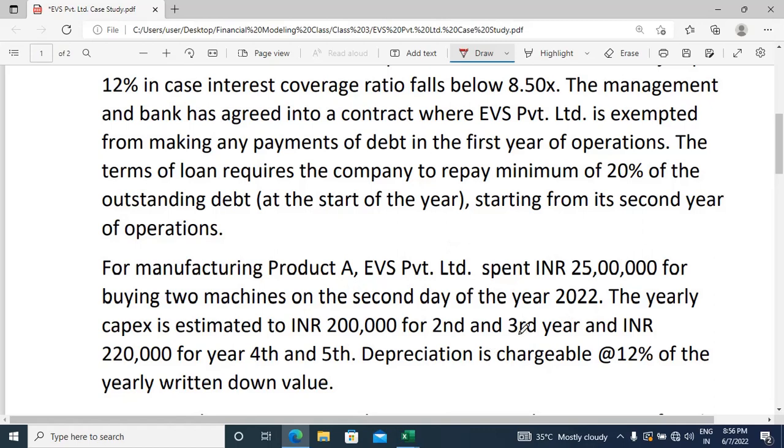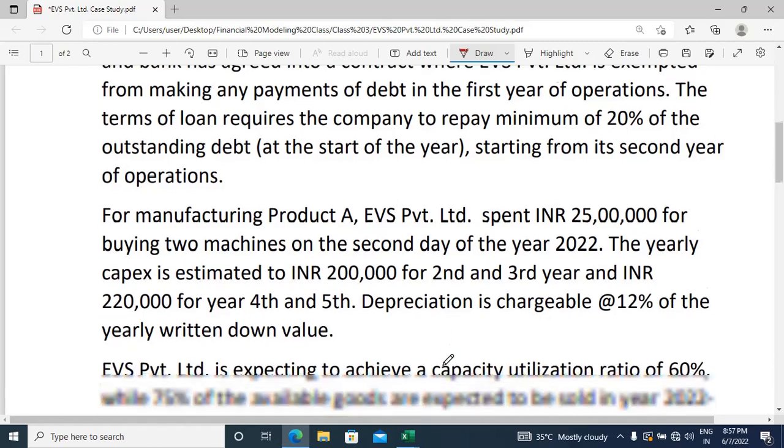Third year also 2 lakh capital expenditure. Fourth year and fifth year they are going to make a capex of 2,20,000. Depreciation will be charged at a rate of 12% of the yearly written down value. So depreciation will be charged using the written down value or diminishing balance method.